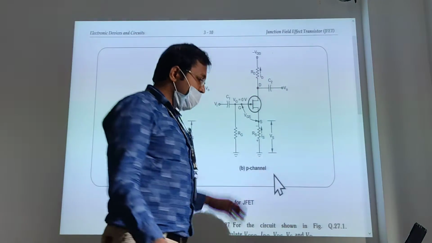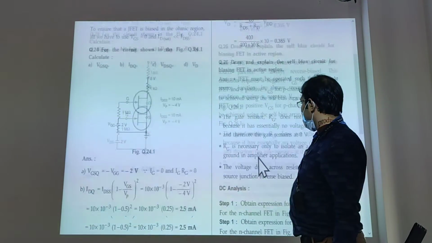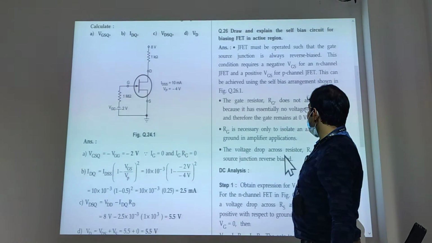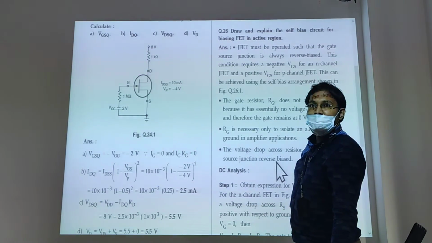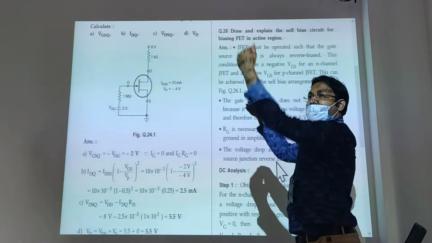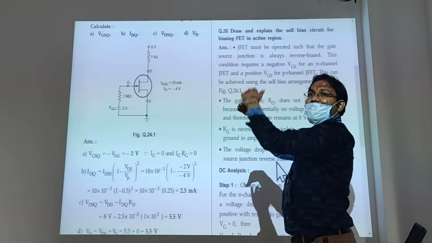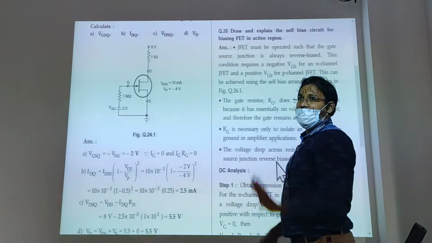Clear? The same point. Source is positive, and because gate is 0, gate to source voltage is becoming 0 minus positive voltage, negative. Clear?